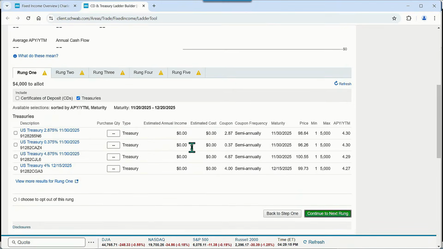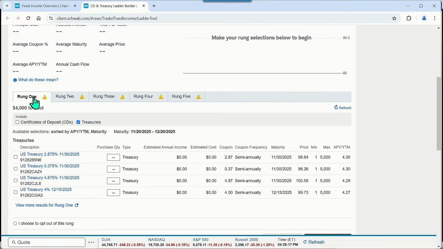Okay, so now I have a ladder with these different rungs. Remember, this first go around, I'm going to be buying a 1 year, a 2 year, a 3 year, 4 year, and 5 year. And in another year, I will then buy a 5 year, because our 1 year will have matured at that point.